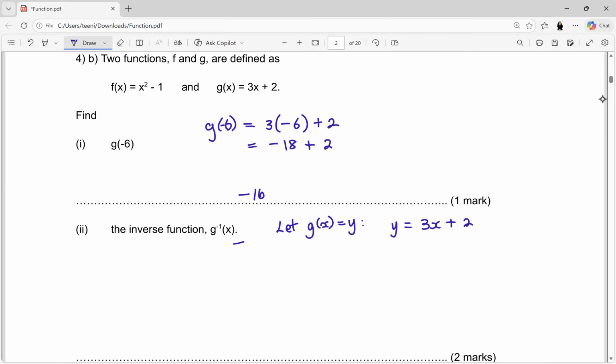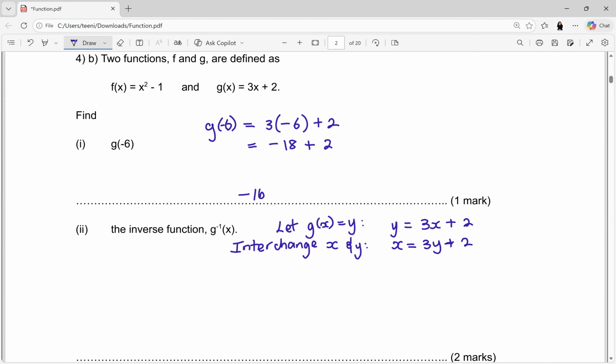And then the next step, do you remember the next step? We have to replace x with the value. Oh no. For this part, you interchange x and y. So x is equal to 3y plus 2. That's right.